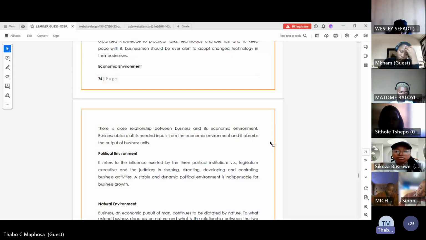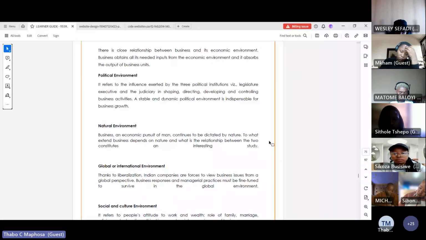And then also social, political environment. Now, when it comes to the political environment, this refers to the influence exerted by the political institutions. Like, you've got the legislative, you've got the executive, you've got the judiciary. These political institutions play a very big role, especially in shaping the business structure and activities.